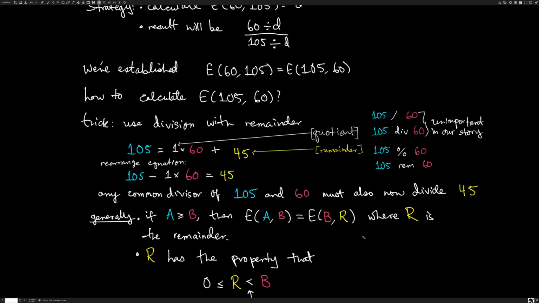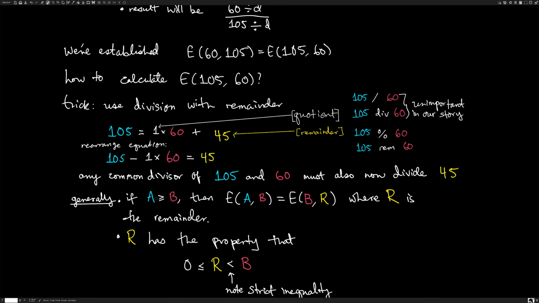Right. Generally, if A is greater than or equal to B, then any common divisor of A and B also divides the remainder of A and B. The remainder is an asymmetrical operator, so you have to be careful.